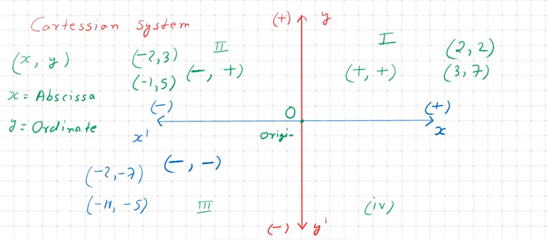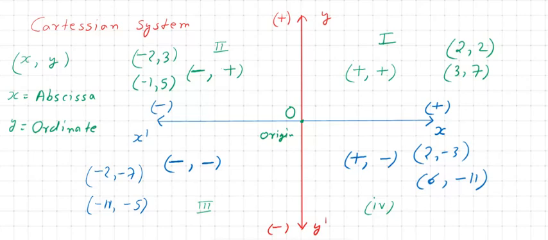And in the fourth quadrant, x is positive and y is negative. So beta ji, 2 comma -3, or 6 comma any negative number like 11 comma -11, will be kept in the fourth quadrant.